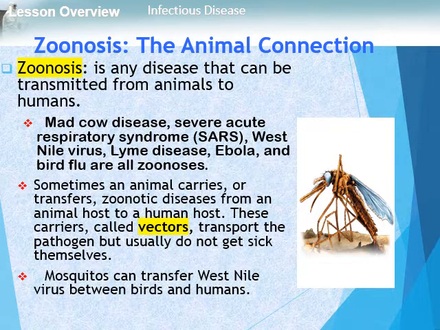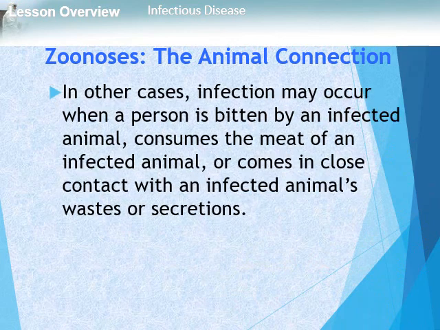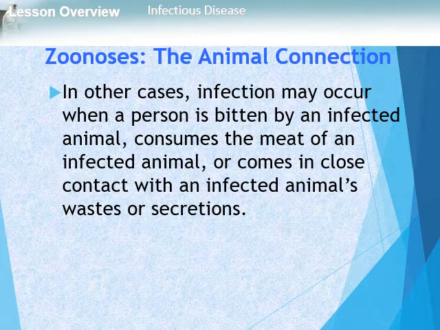Mosquitoes can also transfer West Nile virus between birds and humans, in addition to Plasmodium species that cause malaria. In other cases, infection may occur when a person is bitten by an infected animal, consumes the meat of an infected animal, or comes in close contact with an infected animal's waste or secretions.